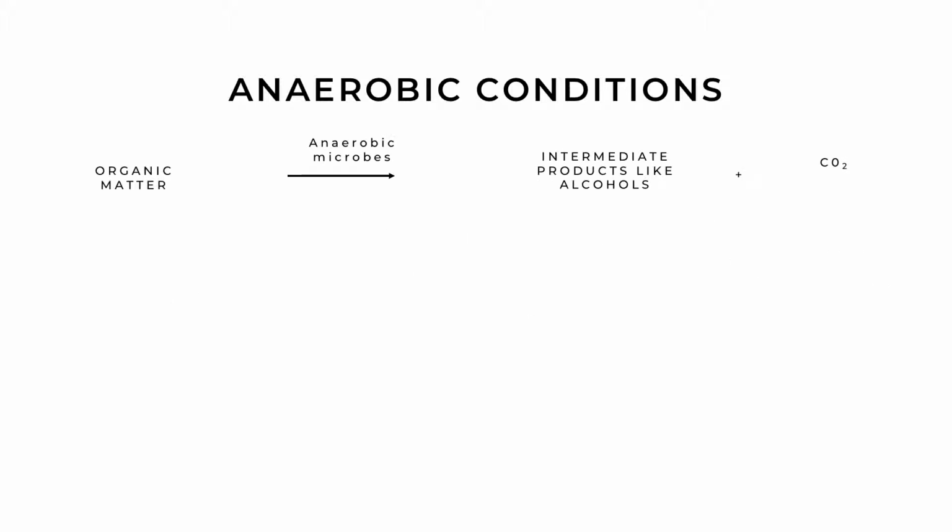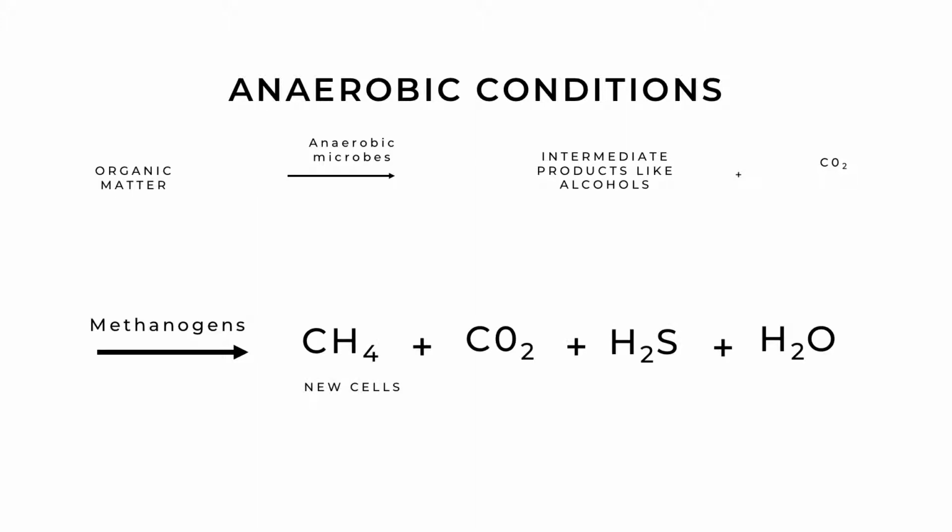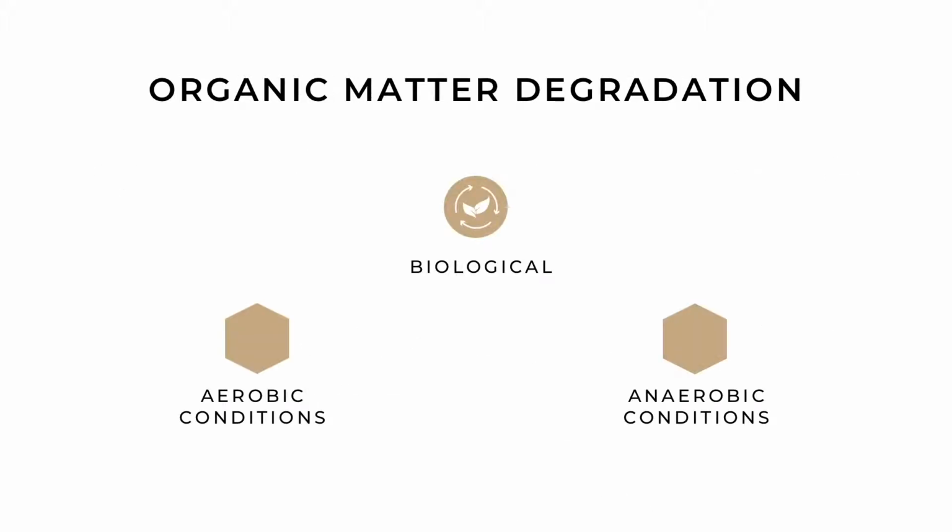In the presence of methanogens, the intermediates are converted to methane, carbon dioxide, with trace levels of hydrogen sulfide. This is what is called biogas, a key source of energy. It is important to understand this difference, as technologies used for biological treatments usually offer aerobic or anaerobic conditions for bacteria to decompose the organic matter.